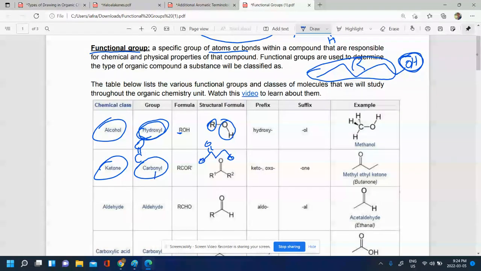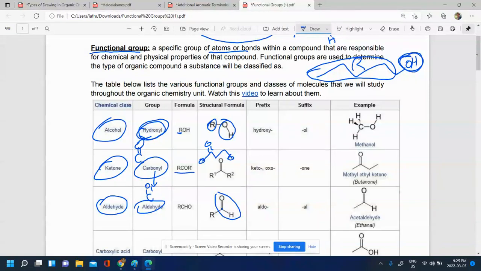If the carbonyl group is at the end of a molecule, so as you can see over here, R, and then this is the terminal carbon, the last carbon. We have double bond O, and then there'd have to be an H there to make carbon have all its bonds. If the double bond O, the carbonyl group, is at the end of the carbon chain, then it'll be called an aldehyde instead.